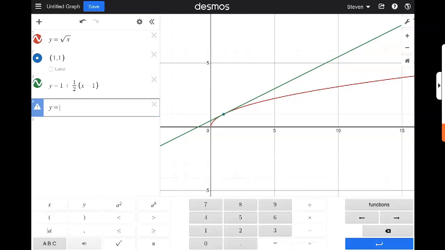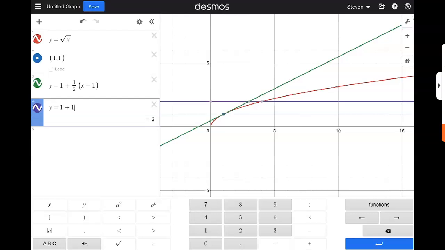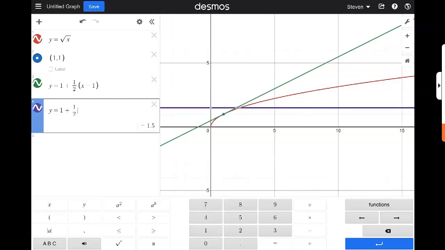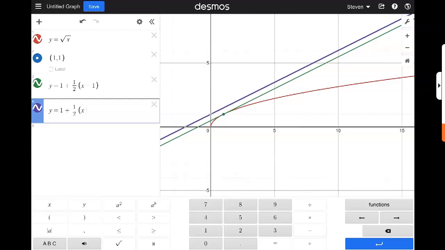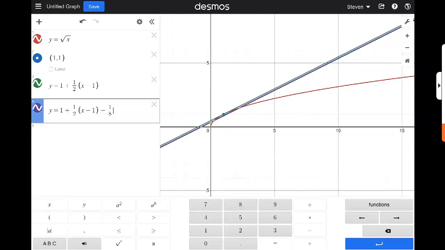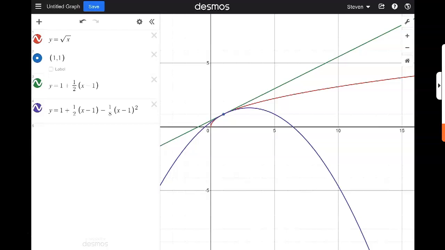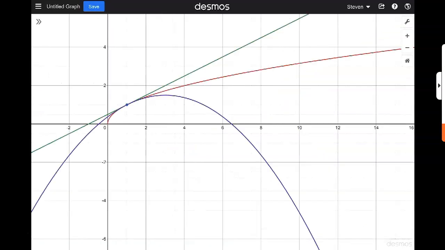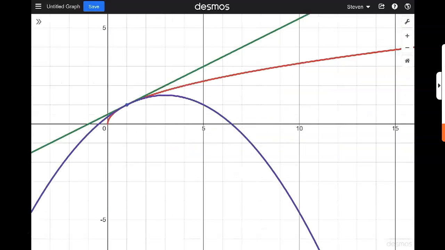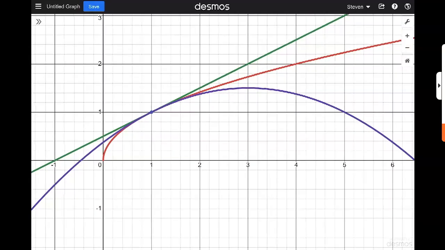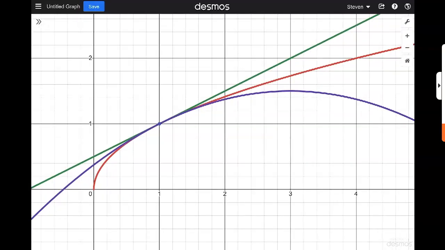And then y equals 1 plus 1/2 times x minus 1 minus 1/8 times x minus 1 quantity squared. So let me just zoom in here a little bit, and we can see how these approximations improve.